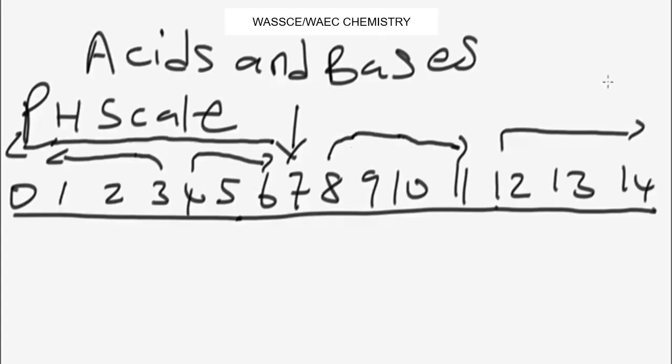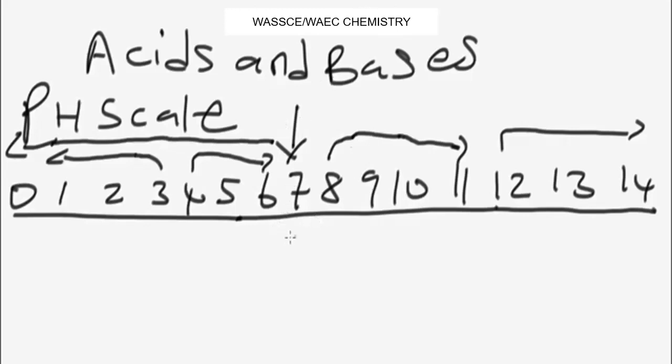Take note of what is happening here. Very important. From 8 to 11, a weak alkaline solution; from 12 to 14, a strong alkaline solution. So you should be able to interpret what is happening on the pH scale in measuring the degree of acidity or alkalinity of a solution.